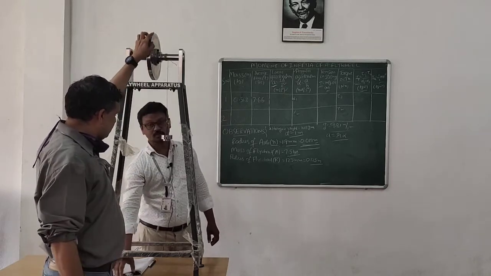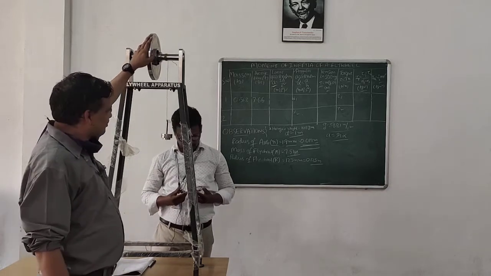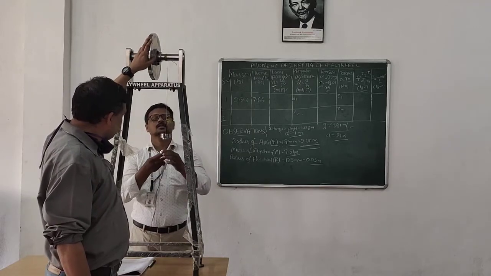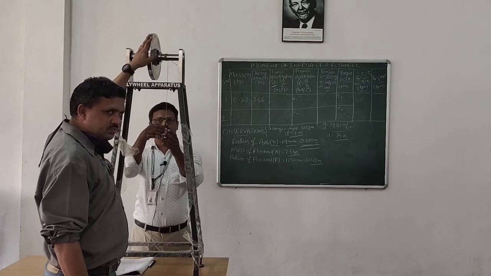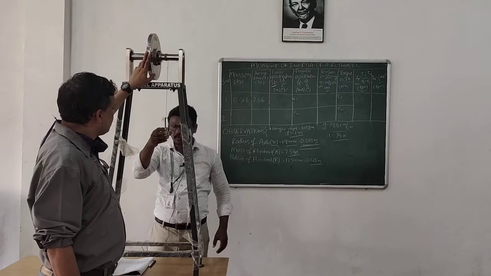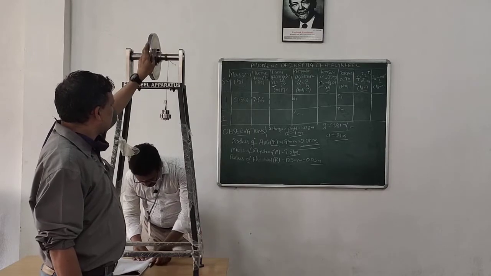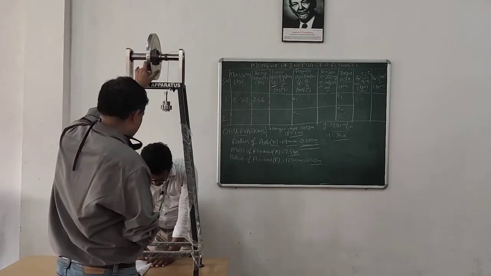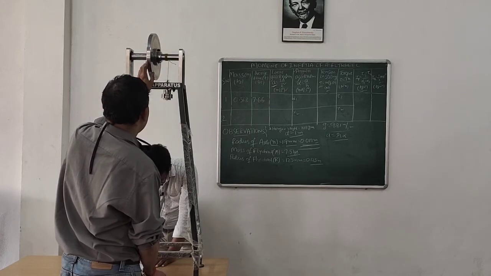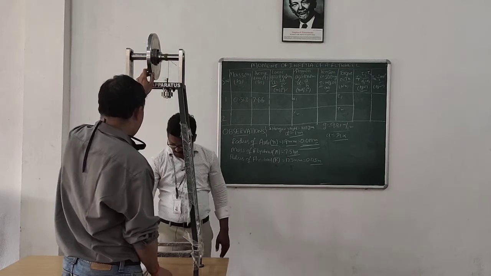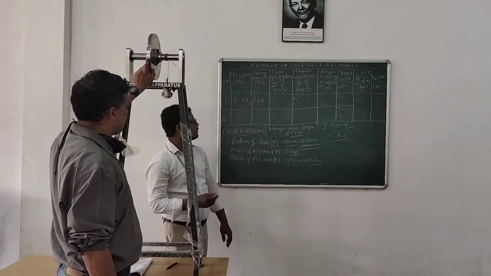It is 7.66 again. Now by adding two more slotted weights of 100 grams each, the mass is 108 plus 230 plus 230 plus 100 plus 100, that is 768 grams. In kgs, that is 0.768 kgs.